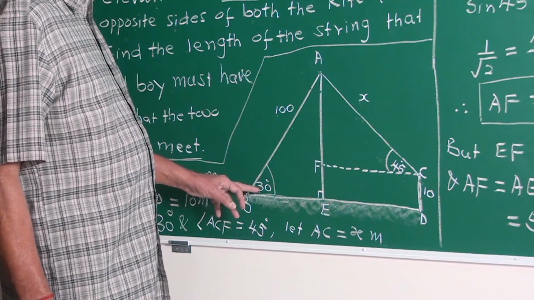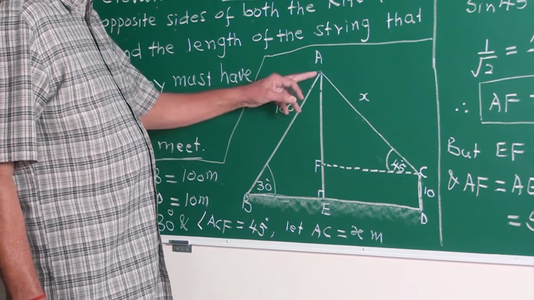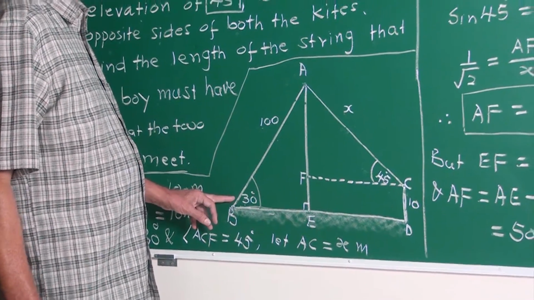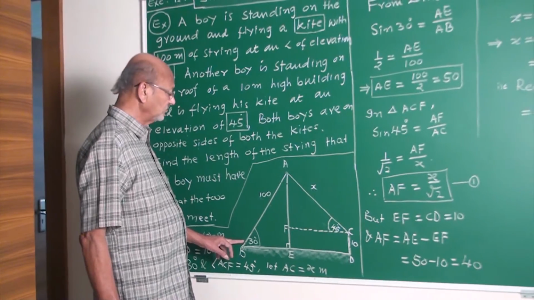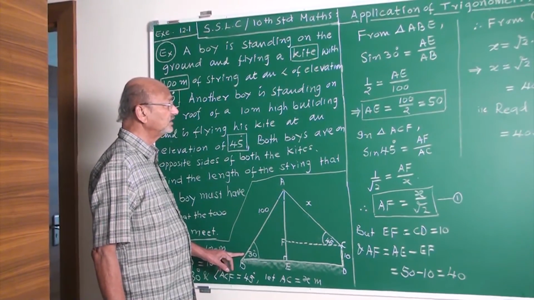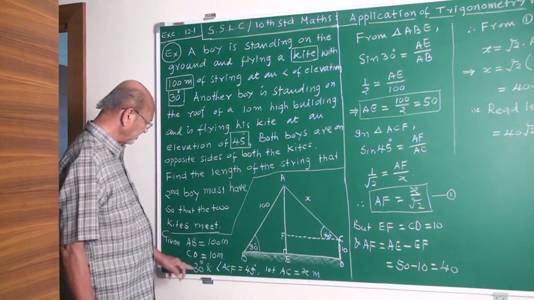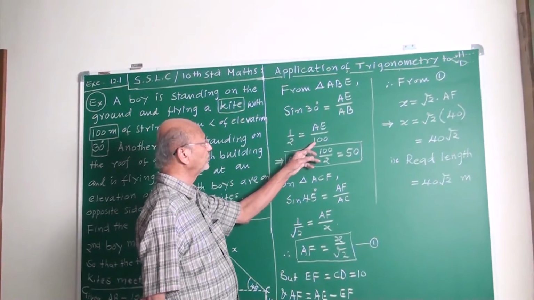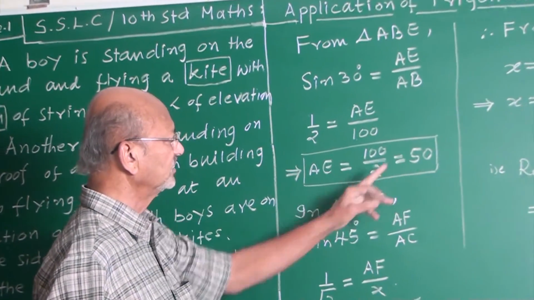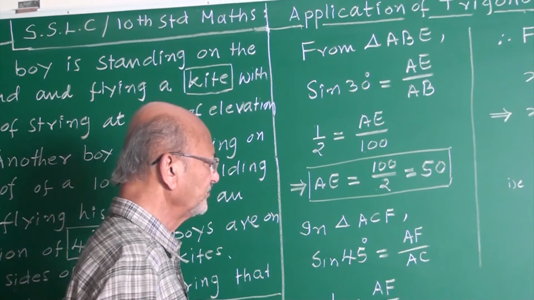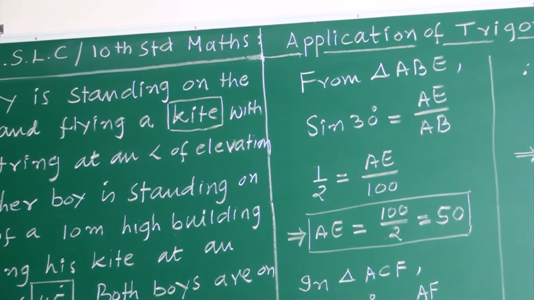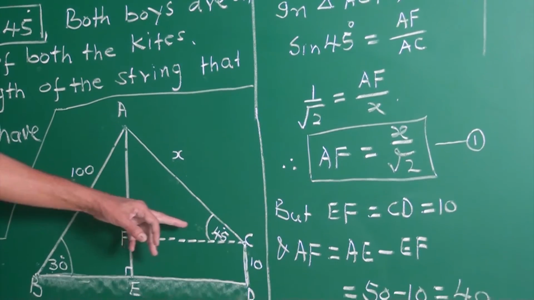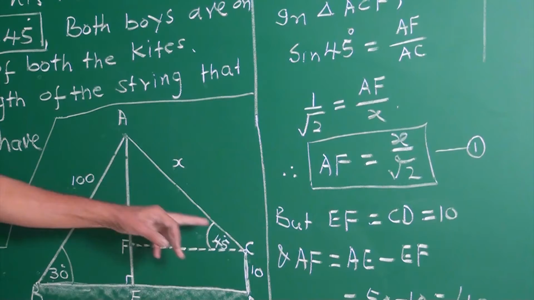Sine 30 degrees equals opposite side AE upon hypotenuse AB. The value of sine 30 is 1 by 2, so 1 by 2 equals AE upon AB. AB is 100, therefore AE equals 100 upon 2, which is 50. So the value of AE is 50. We got this with the help of this triangle. We wanted x, so go for the triangle ACF.